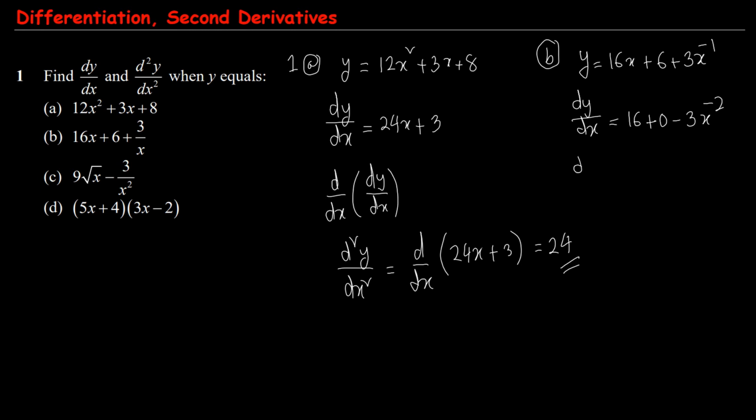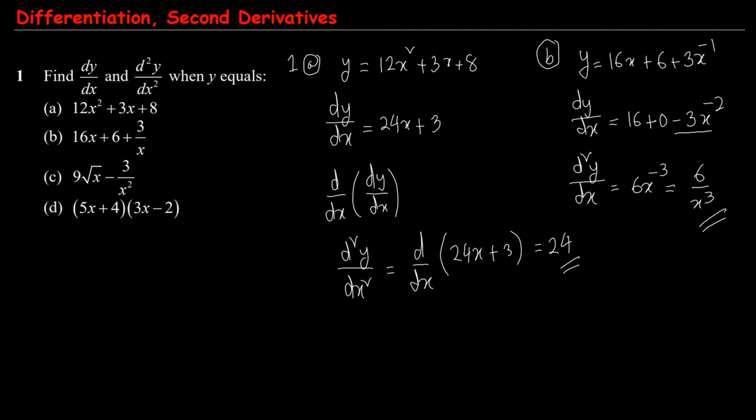Now let's go for the second derivative, d square y by dx square. So 16 is a constant, gives 0. So only that term we are going to differentiate. It gives us positive 6 x to the power minus 3. So we can write it as 6 divided by x cube. So this is our answer of the second derivative.